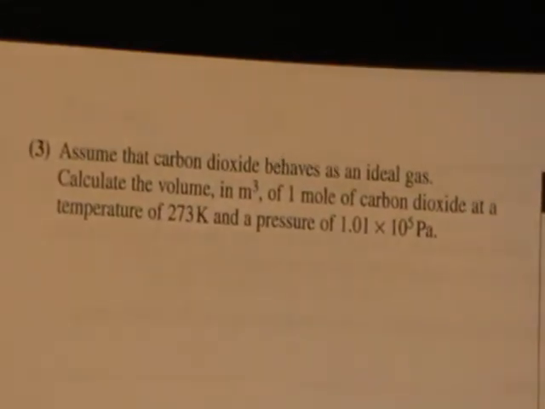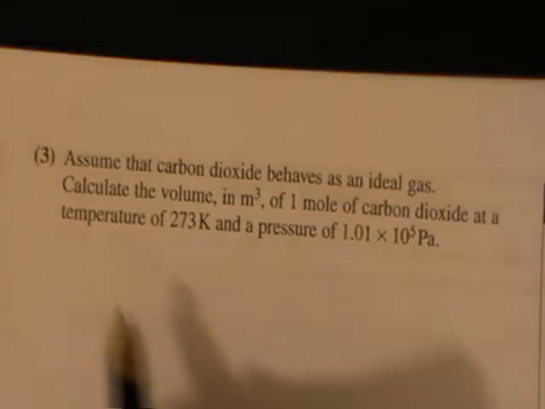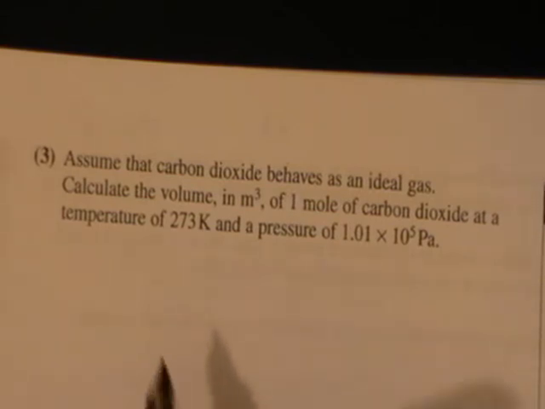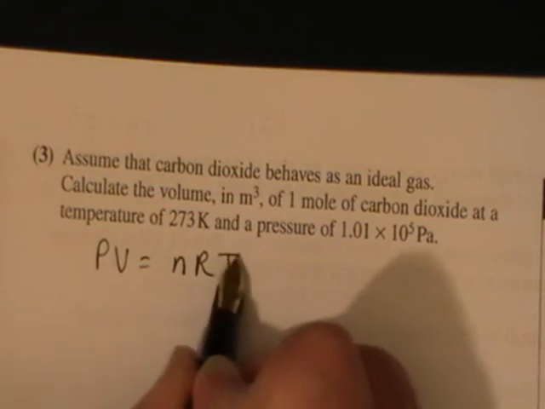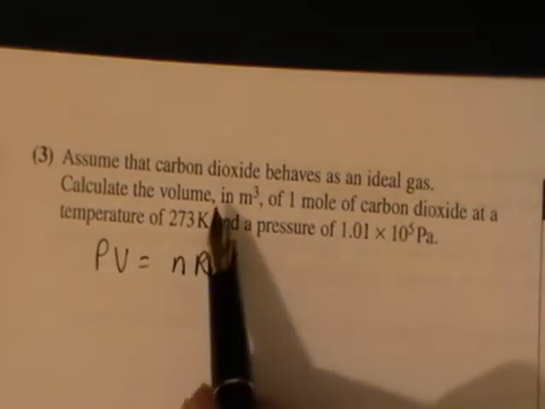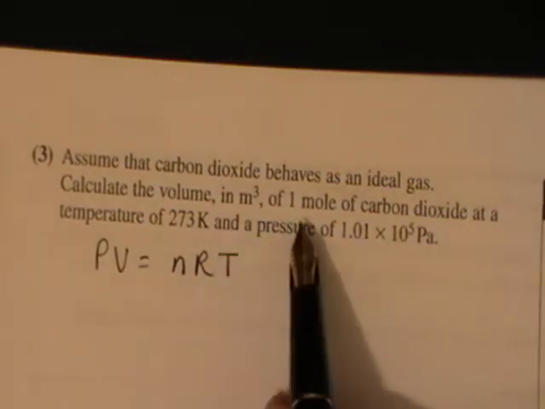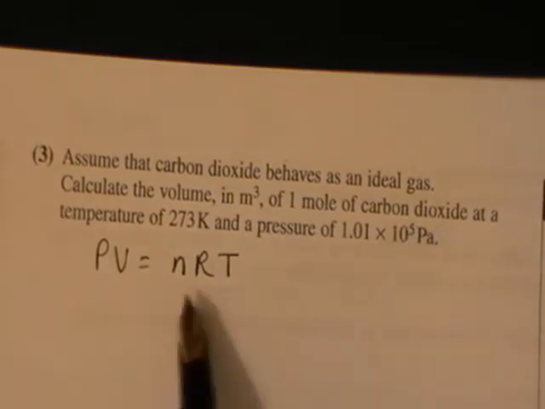So assuming that carbon dioxide behaves as an ideal gas, calculate the volume in meters cubed of 1 mole of carbon dioxide at a temperature. So again, we're going to use PV equals nRT.